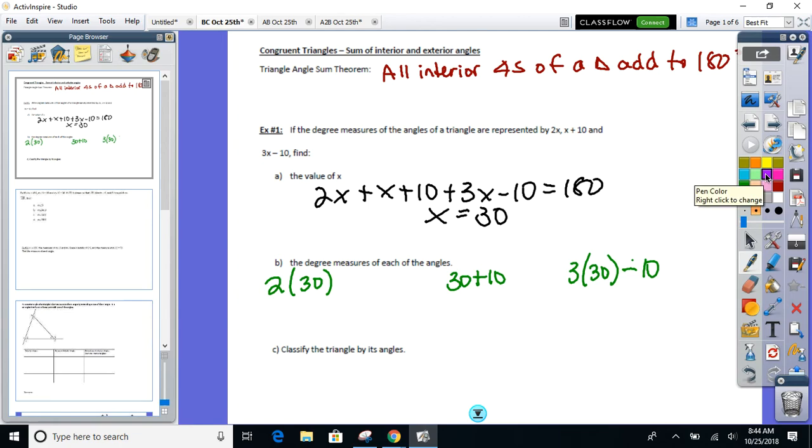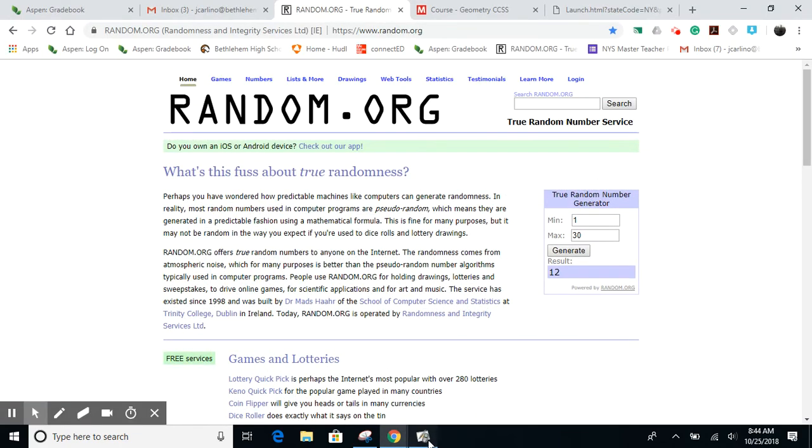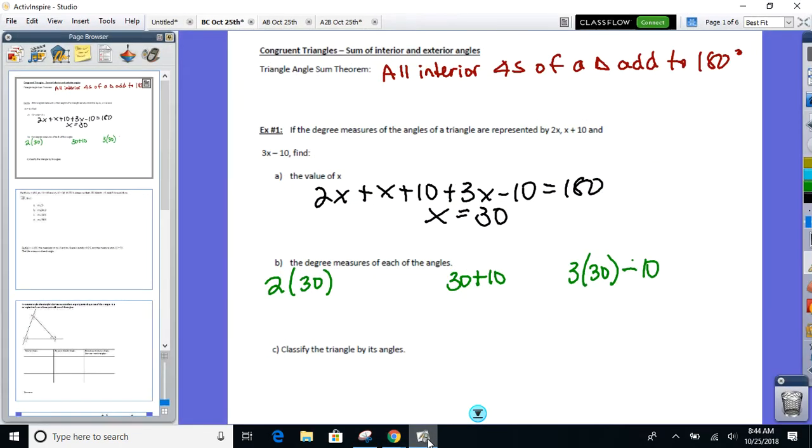And when you're ready, let me know the angle measures. 60, 40, 80 degrees. Yep, quick check: yes, they all add up to 180 degrees.